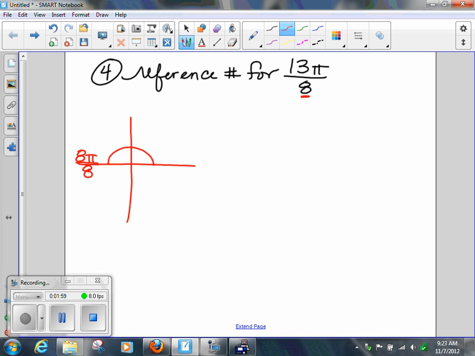It's a multiple of 8. How do you get the multiple of 8? Because 1 complete revolution is how much? 16 pi over 8. Why? Because that's equivalent to 2 pi. Do you agree?